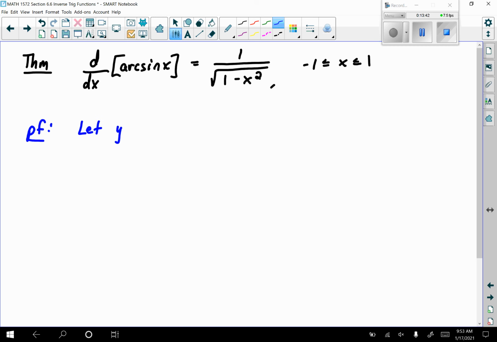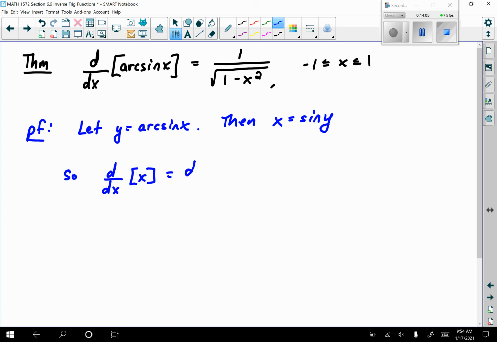we're going to let y equal arc sine of x. Then we can rewrite this as x is equal to sine y. So then the derivative of x, again, we're just using implicit differentiation here.